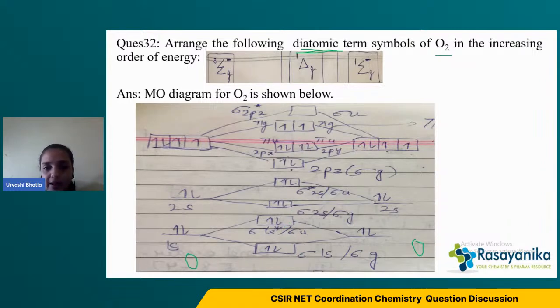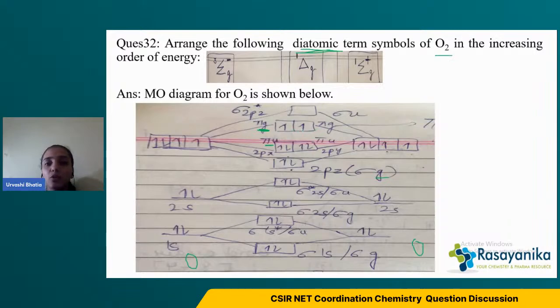So this is bonding, anti-bonding, sigma u, sigma g. Then again bonding, this is anti-bonding, sigma star 2s or sigma u. Here it is sigma 2pz or sigma g. It has a gerade character, having a center of symmetry, and pi u. Now in the case of pi u, I have to see that it has a bonding character, while pi g has anti-bonding character, right? For the case of oxygen.